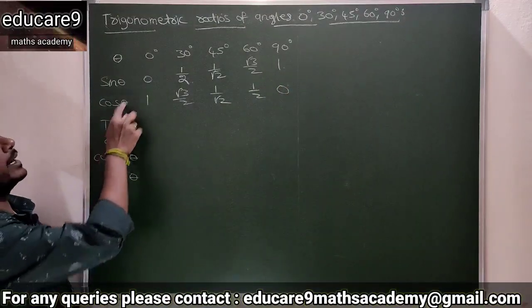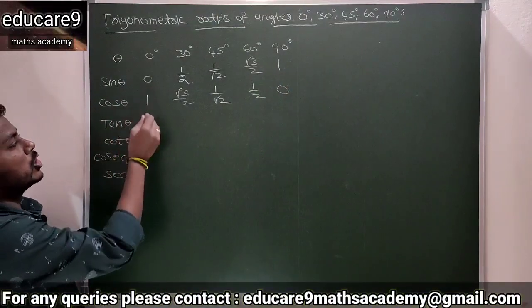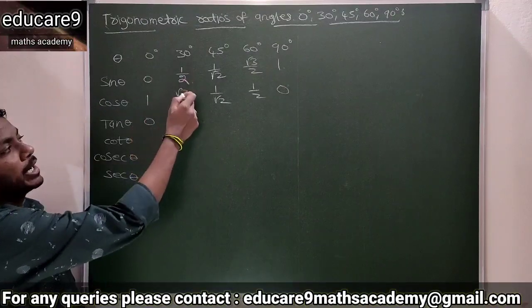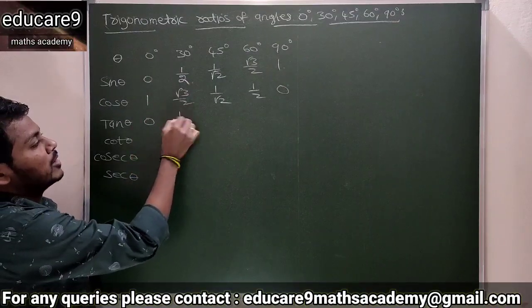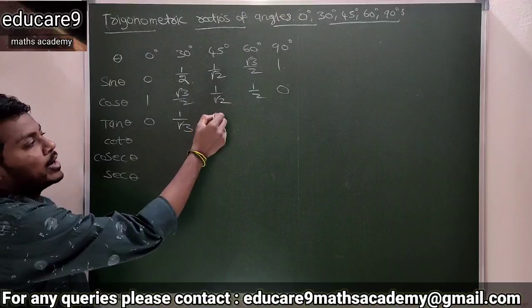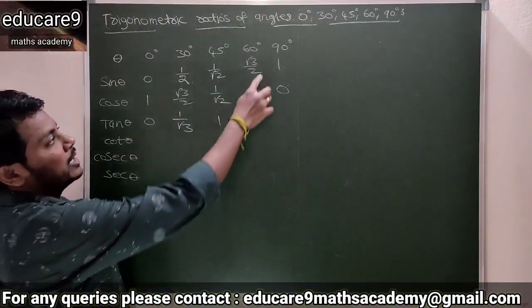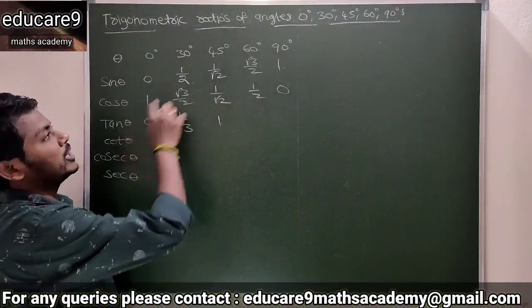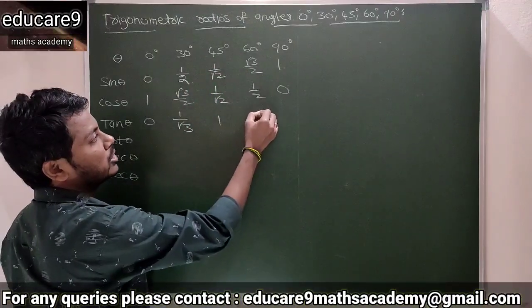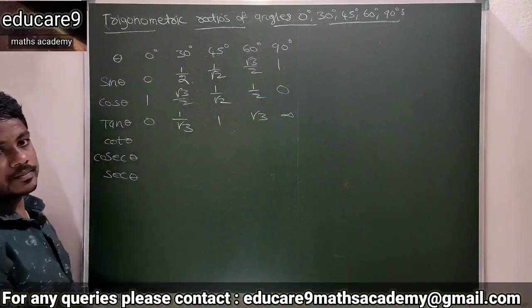So you know that tan theta is sin theta by cos theta, so 0 by 1 is 0, 1 by 2 by root 3 by 2 is 1 by root 3, 1 by root 2 by 1 by root 2, tan 45 is 1, and root 3 by 2 by 1 by 2, you will get tan 60, that is root 3, and this is undefined.